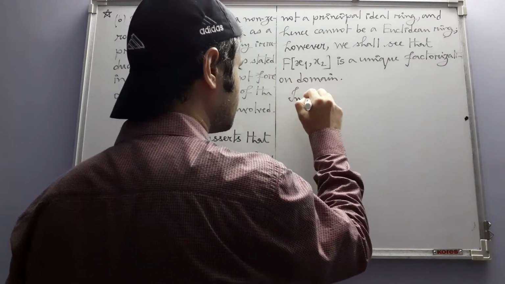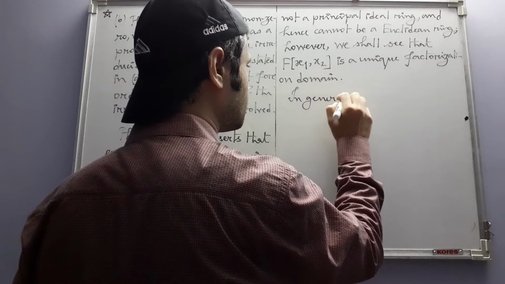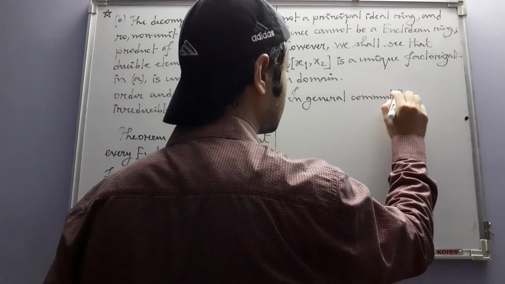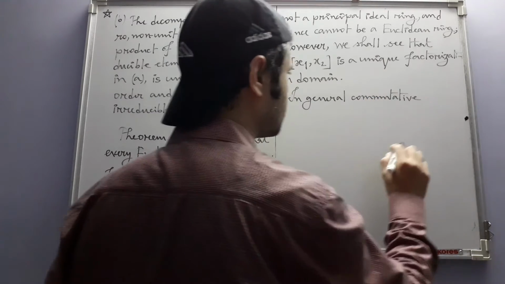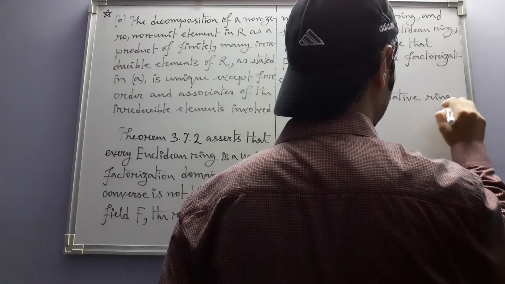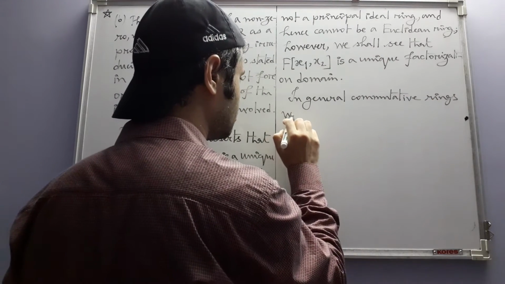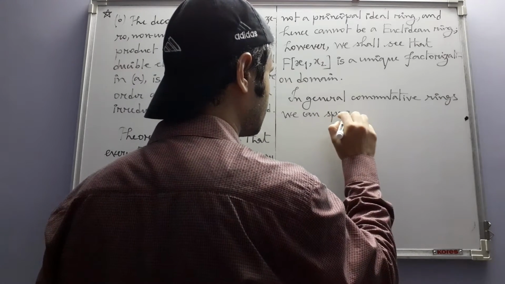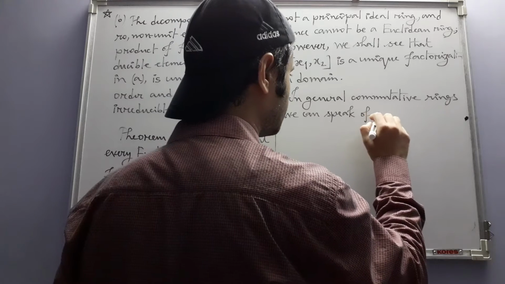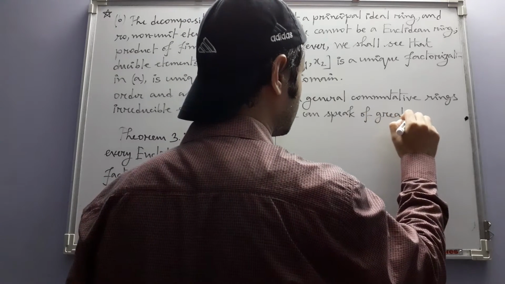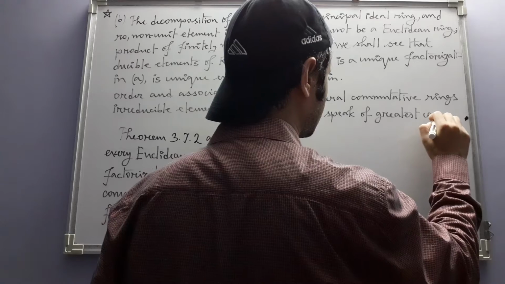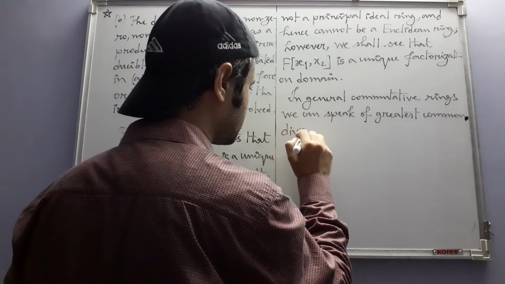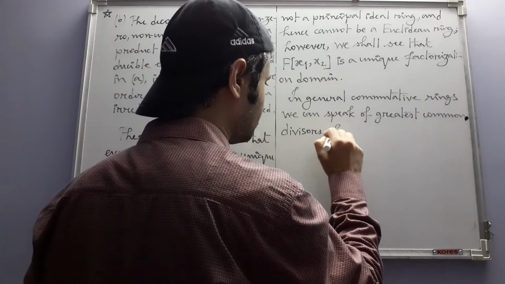In general commutative rings, we can speak of greatest common divisors of elements.